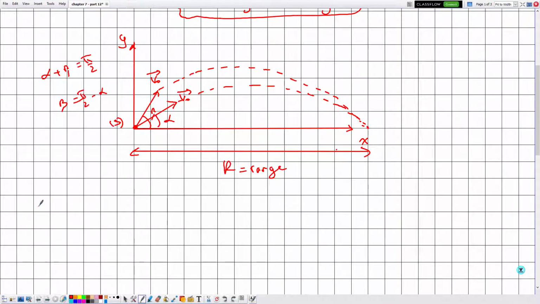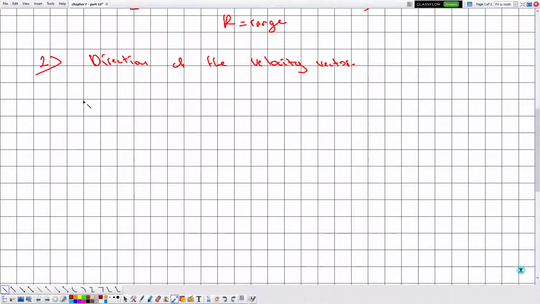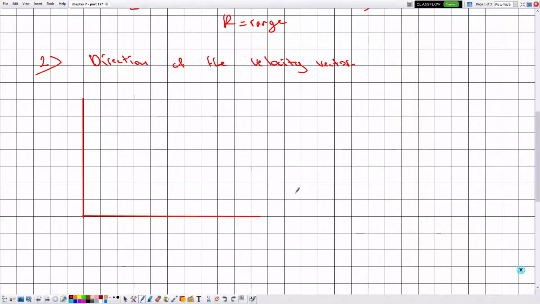Okay, now the second note that I want to consider is the direction of the velocity vector. Now let's suppose in an xy plane also we have a projectile launched with an initial velocity v0 with a shooting angle alpha.